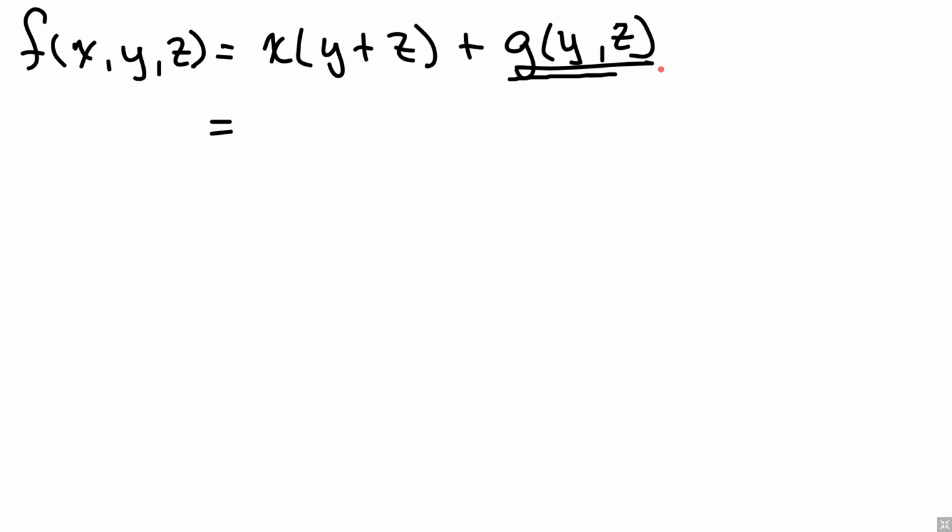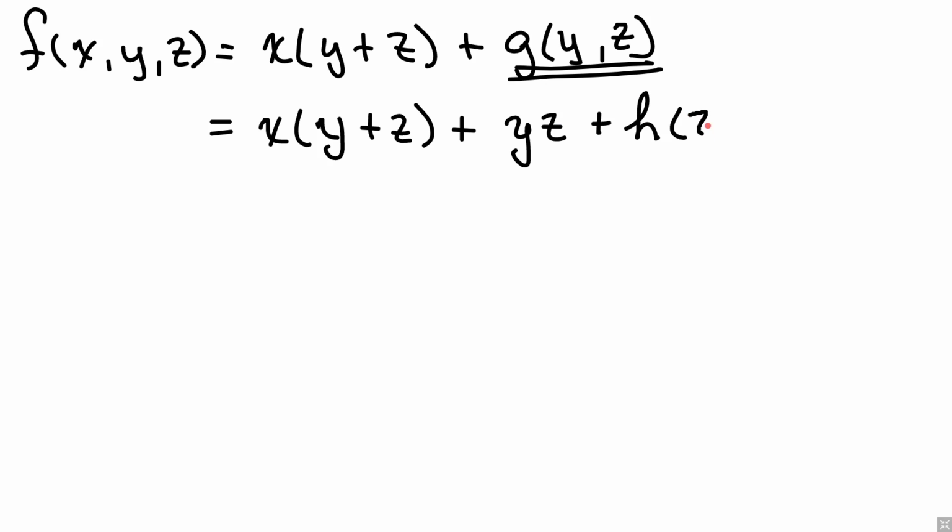But we found what g of y, z was equal to. So what we're going to have is x times y plus z plus, we said that g of y, z is equal to yz plus some new function defined in terms of z. Any questions?